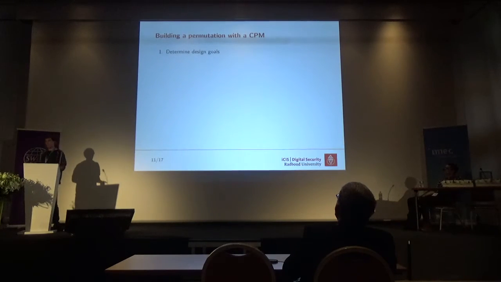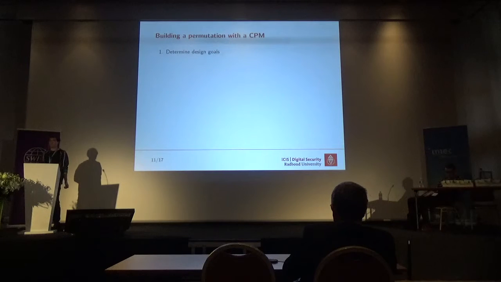So now we've looked at these building blocks, and of course we want to use them to build some permutation with this type of mixing layer, and then it becomes clear that we can do this in 2 phases because of this kernel of the column parity mixer. So first you pick your design goals and choose your dimensions, where you have to make some trade-off between fast mixing or efficient implementation.